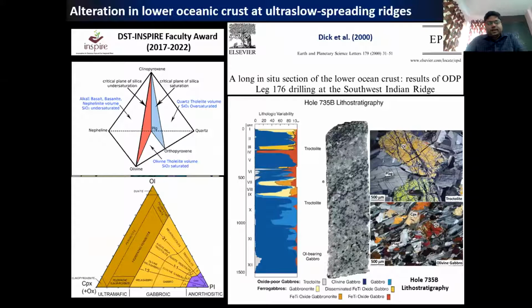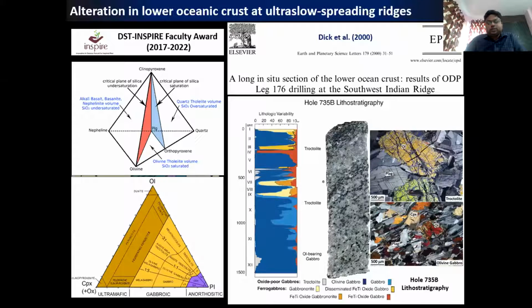So now if we look at the left top part, this is the basalt tetrahedron. So far our understanding of the oceanic lithosphere was based on clinopyroxene, plagioclase, and olivine. So the lower part of the oceanic lithosphere, that is the upper mantle section, falls in the clinopyroxene, olivine, orthopyroxene triangular plot, and the crustal part plots in plagioclase and clinopyroxene.